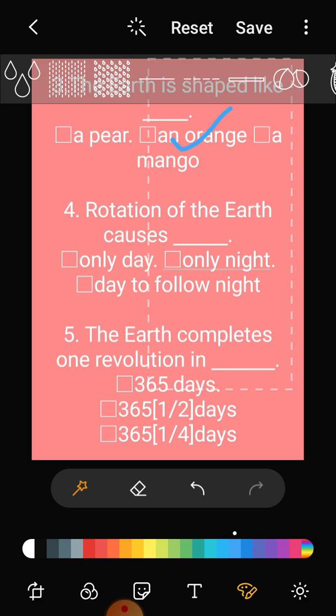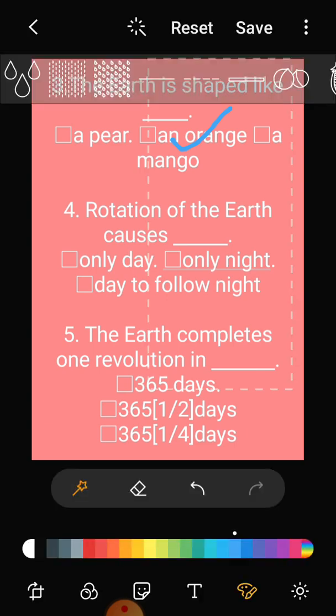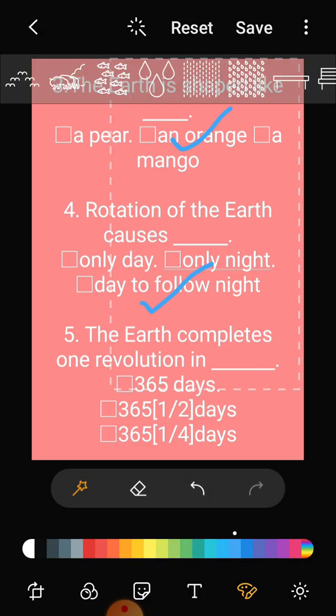Next, rotation of the earth causes dash. Given options are only day, only night and day to follow night. And the correct answer is day to follow night.